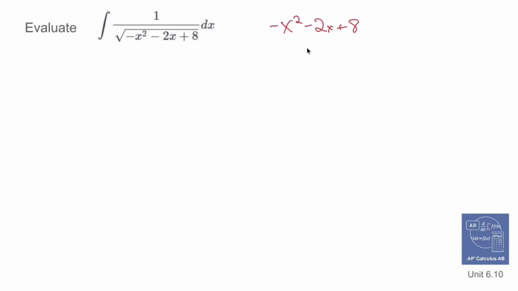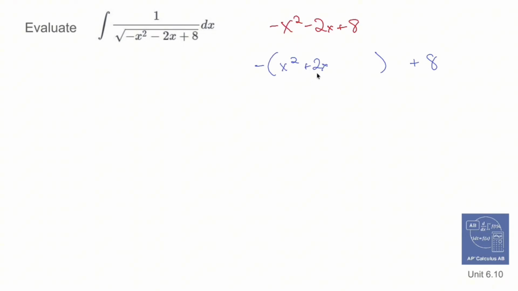Okay, and I'm going to think completing the square thoughts. Let's pull out a negative. So that leaves me with x squared plus 2x. Let's leave some space right here and keep that plus 8 off to the side. Now completing the square, this is going to be tricky, so follow me here. I'm only inside the parentheses right now.